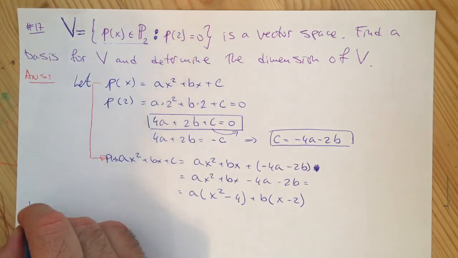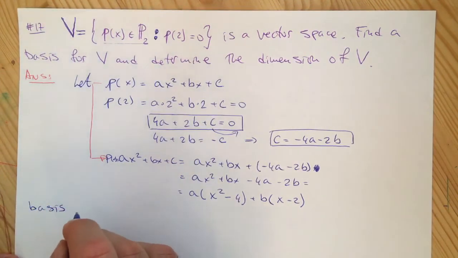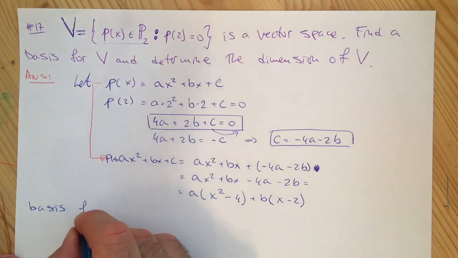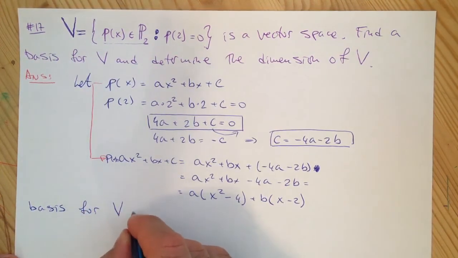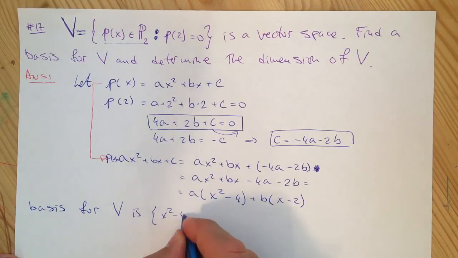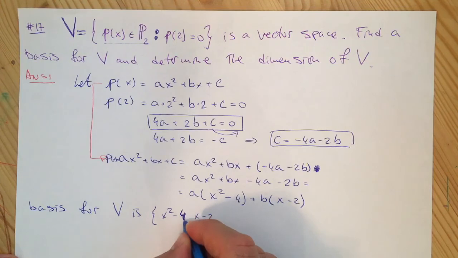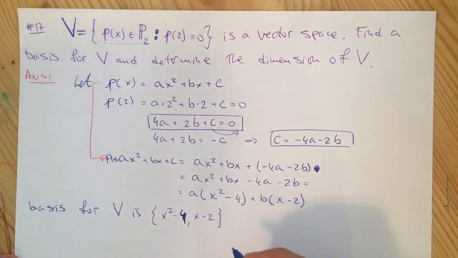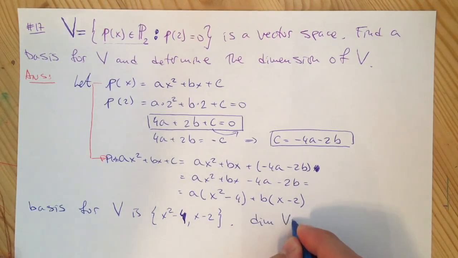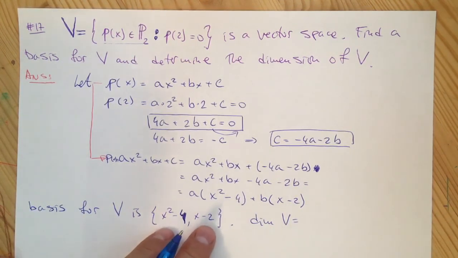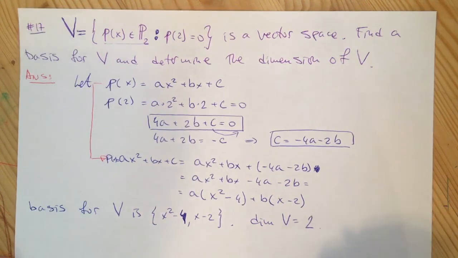So the basis for V is the set of the polynomials x squared minus 4 and x minus 2. Of course, this is only one of many correct answers. And then the dimension of V: there are only two polynomials in the basis, so the dimension is equal to 2.